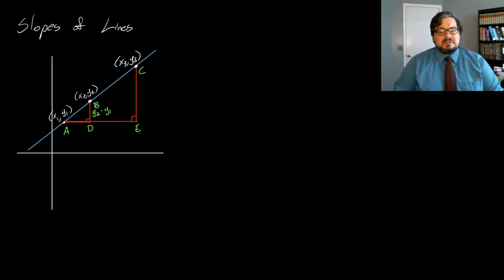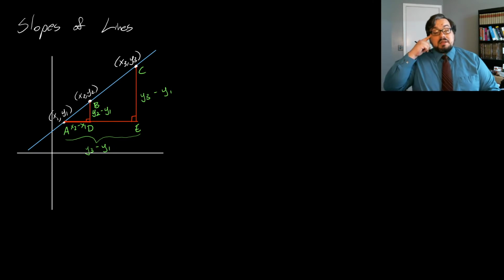The segment CE has side length y3 minus y1. And the segment AD, the horizontal side of the smaller triangle, has side length x2 minus x1. And the segment AE, the horizontal side of the larger triangle, has side length y3 minus y1.